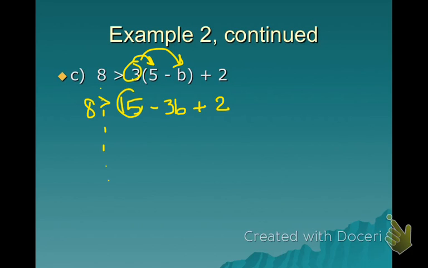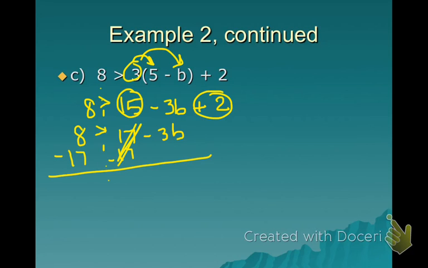So the 15 and the positive 2 can be combined to be 17 minus 3b. And then we'll subtract 17 on both sides, because we need this to go to 0. And 8 minus 17 is a negative 9. If we're subtracting 17, it's going to be greater than negative 3b.